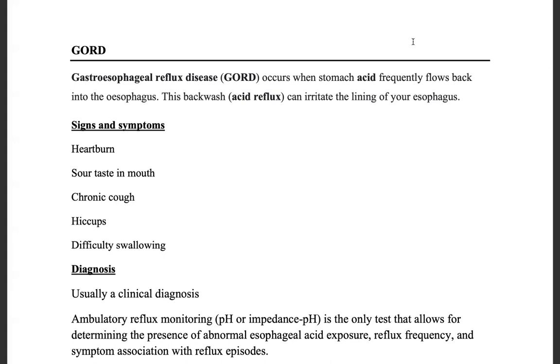Sometimes the patient might complain of pain while drinking hot liquids or alcohol. Also the patient might experience regurgitation of food and acid into the mouth, particularly when they're lying flat. Soon after eating a spicy meal, they can have hiccups or a chronic cough during sleep.